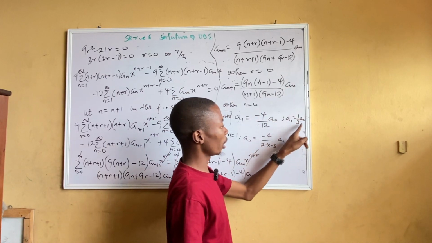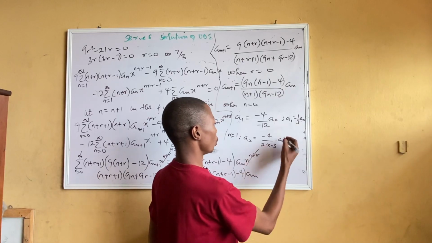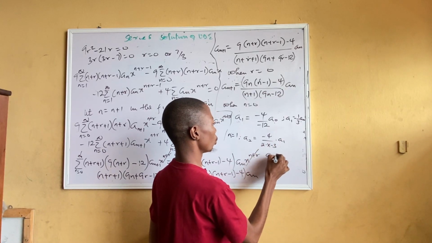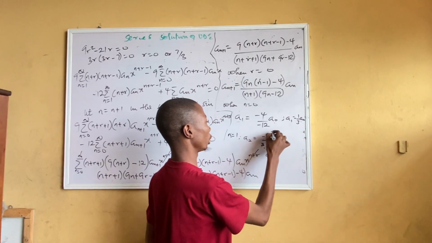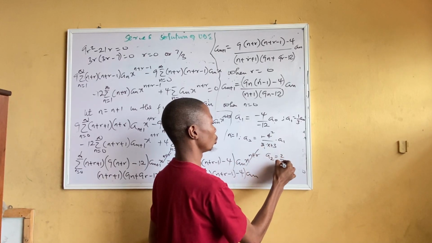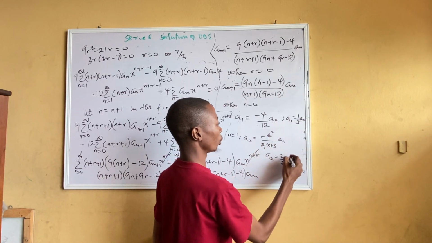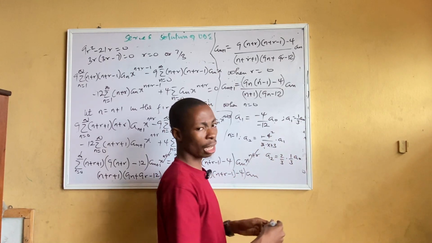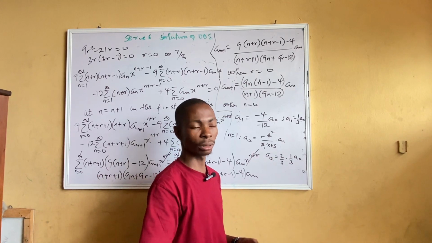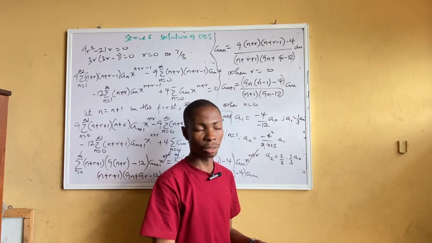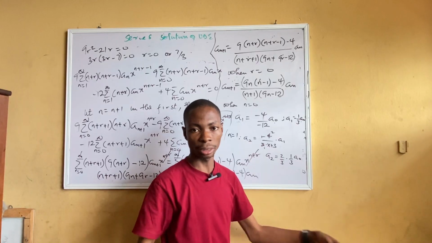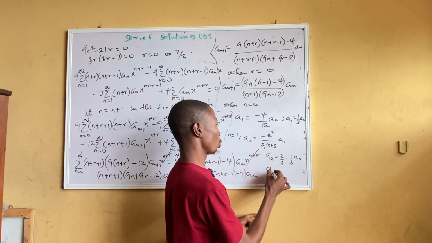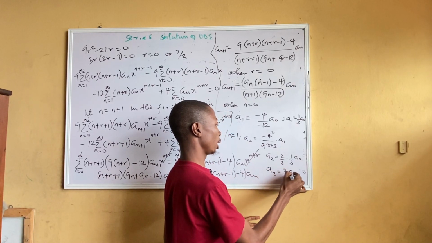We've gotten a1 before. a1 is 1 over 3 a naught. So a2 equals minus 4 over minus 6, times a1, which is 2 over 3 of a1, and a1 is already 1 over 3 a naught. So all our answers will be in terms of a naught. Unlike normal power series, where answers are in terms of a naught and a1. So a2 equals 2 over 9 a naught.